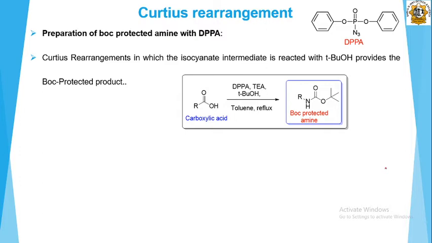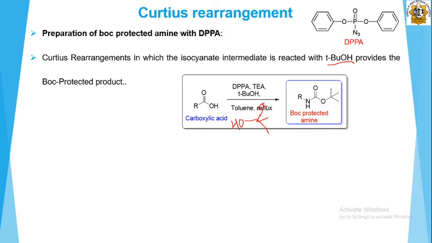So how can we use DPPA for preparation of protected amines? In the Curtius rearrangement, the isocyanate intermediate, when reacted with butanol, provides the Boc protected product. We have to use tertiary butanol, not simple butanol. Tertiary butanol is HO with a C bearing CH3, CH3, CH3.